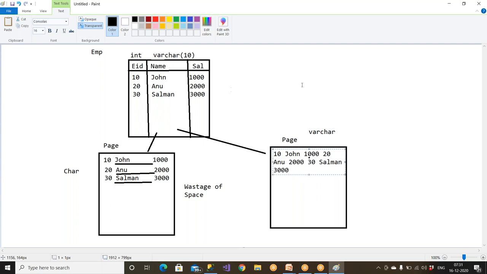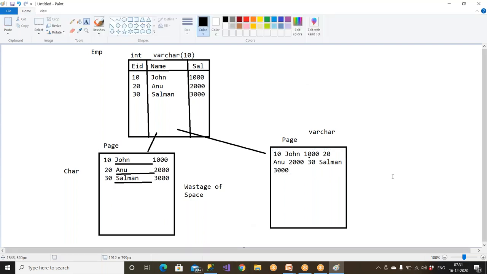Okay. So, like that, it is not going to leave any space at all. When you go in for varchar data, it is not going to leave any space, but here you will have a space. John is 4 characters, remaining 6 characters will go waste.